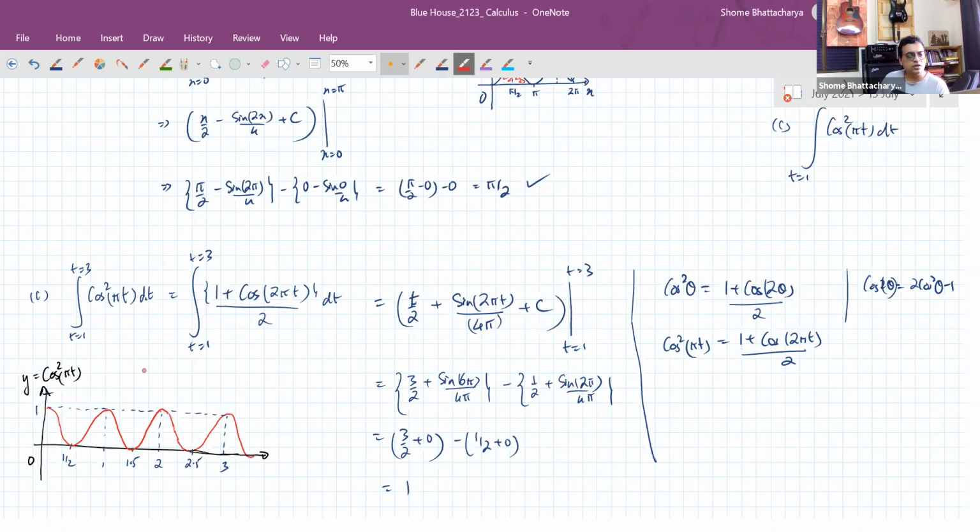So now this is the total area that we are calculating from here to here. This shaded area that I've shown you, this area.